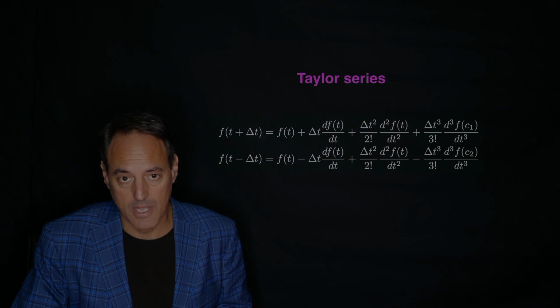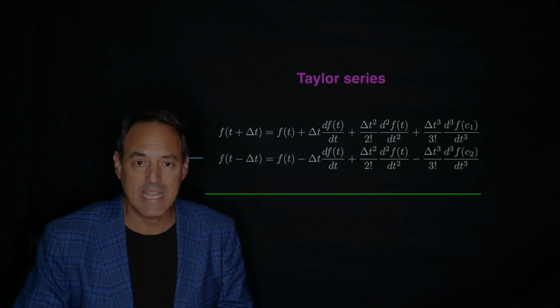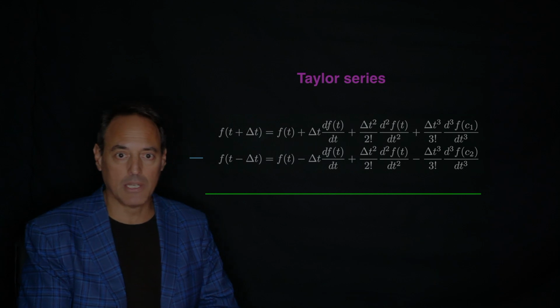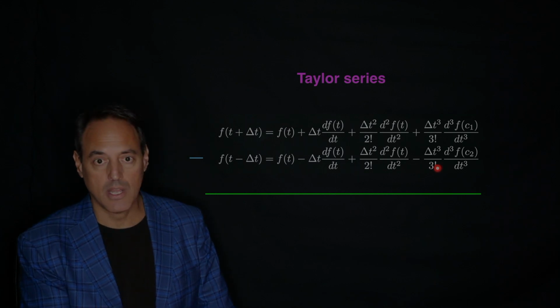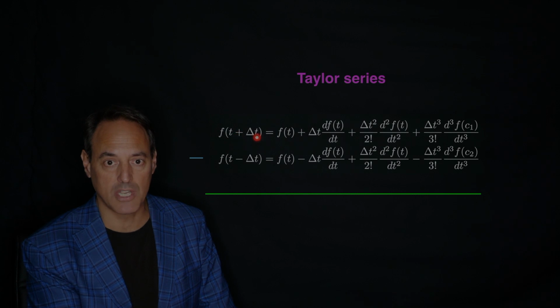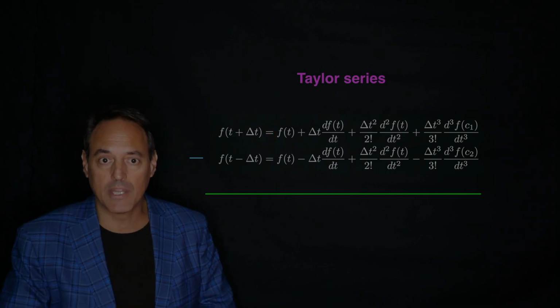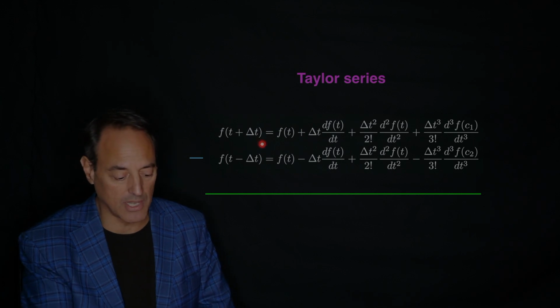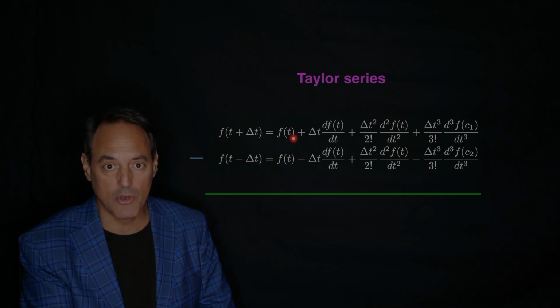Here they are. What I'm going to do with these two expressions is take the second formula and subtract it from the top formula. So take this equation, subtract this equation, and ask, what do I get in the subtraction process? First of all, on the left side, you get these two terms. But notice when I subtract, these terms are going to drop out because they're the same.